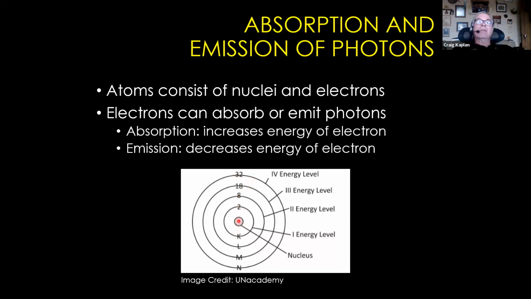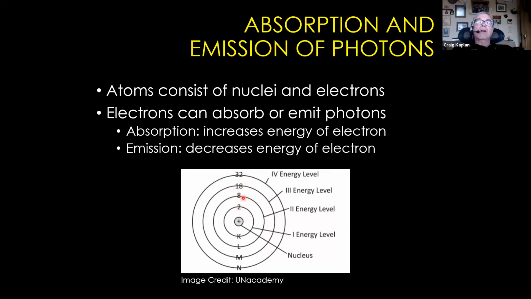And it is as if the electron absorbs energy, it can move from one state to the next, but it can't move in between states. It has to move from one state to the next, or if it drops down a state, it can do so by emitting a photon, getting rid of just enough energy in that photon to go down from 8 to 2 or 10 to 2 or 32 to 8.